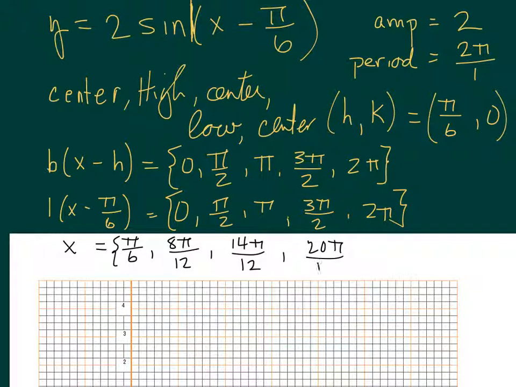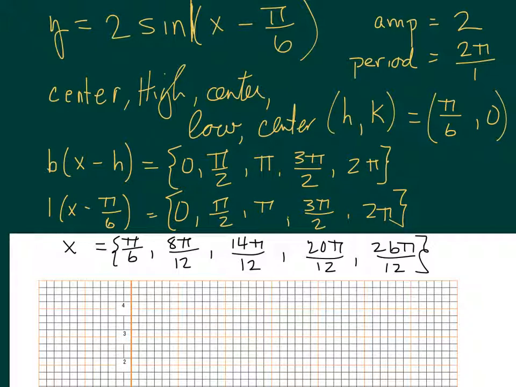Remember that our graph paper is divided up so that each little square is a width of pi over 12, and that's why I'm not reducing these fractions. I'm just leaving them in terms of 12ths. And the last one would be 26 pi over 12. That's 2 pi plus pi over 6.